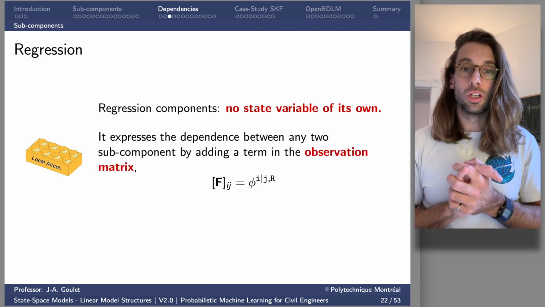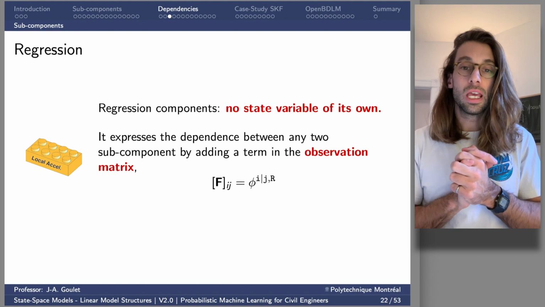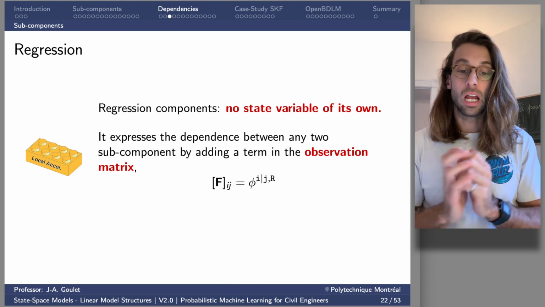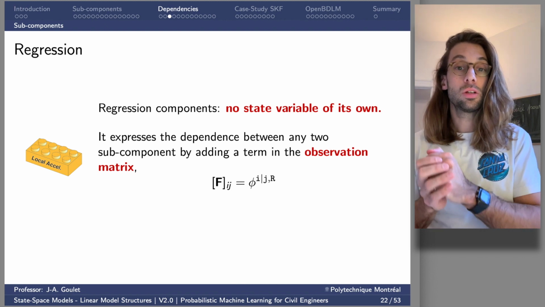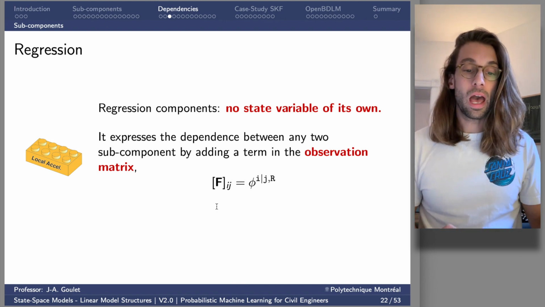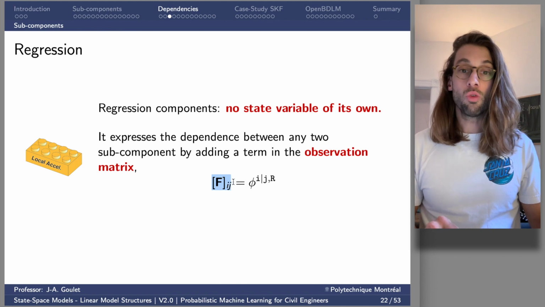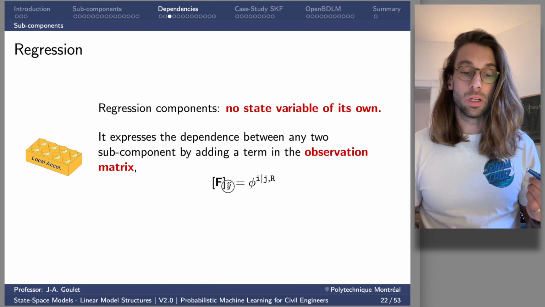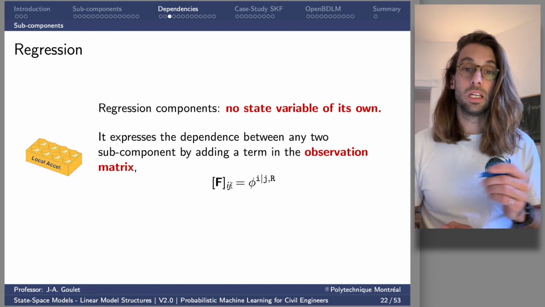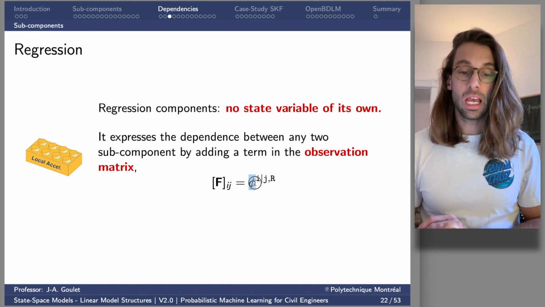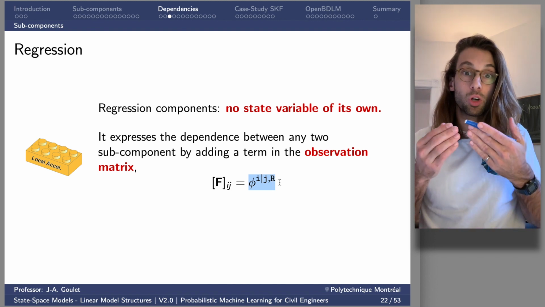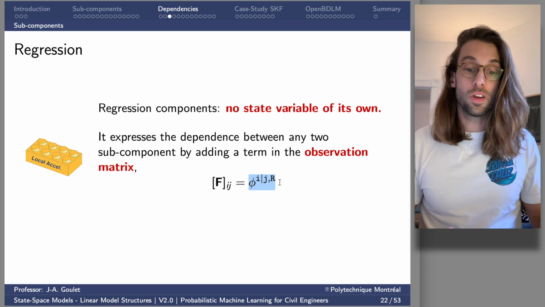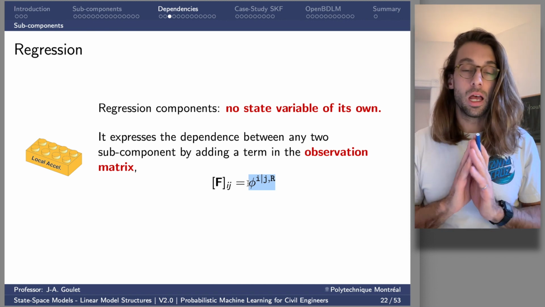Instead, this block is going to introduce in a global observation matrix, for several time series, some regression coefficients. Okay, so Fij represents an observation matrix which represents the dependency between time series i and time series j. Okay, so in this case, we're going to put in that matrix some regression coefficient phi, which are defined in the real domain.